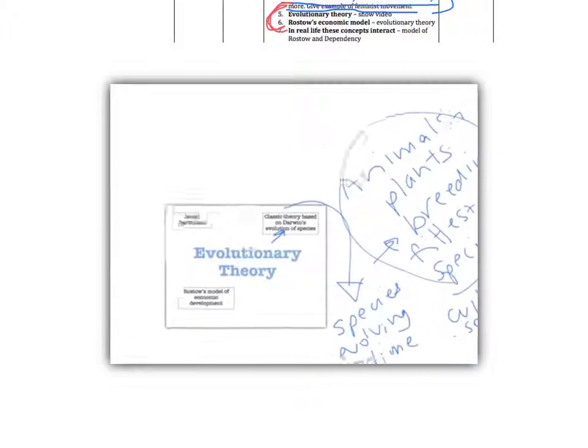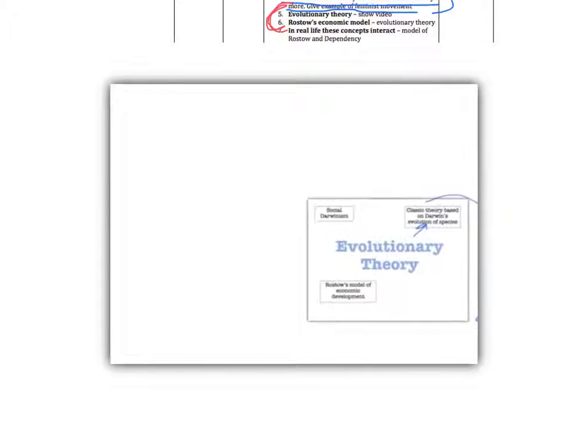Well, that's what we call social Darwinism. Social Darwinism is the theory that the strongest societies, the fittest societies, will eventually take over the least fit, the least strong, and we'll have this homogenization of culture where the strongest culture survives and the others don't.